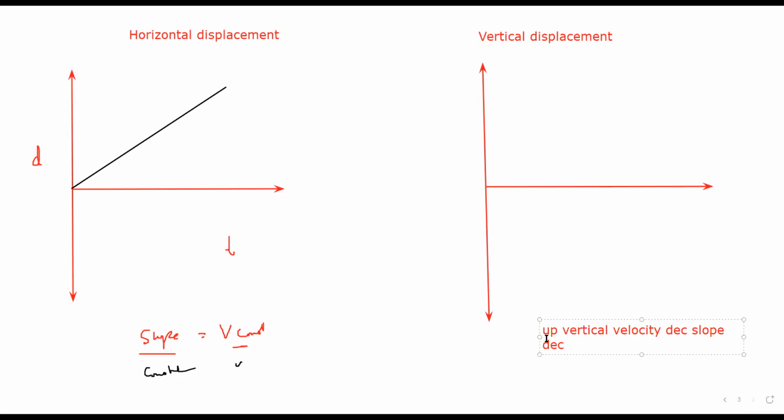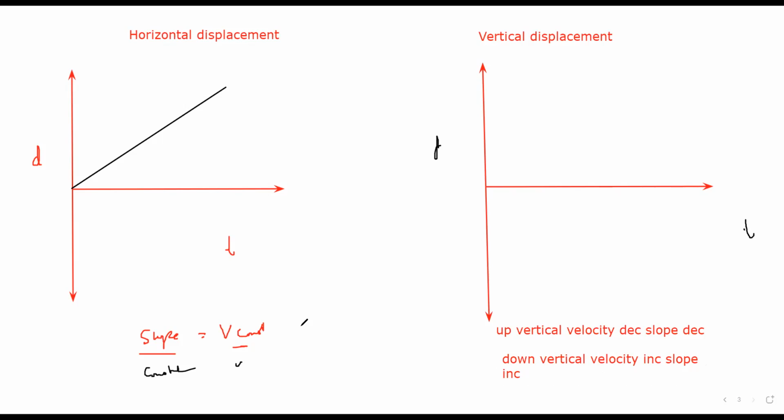And then when it is coming down, the vertical velocity is increasing. It means the slope should increase.